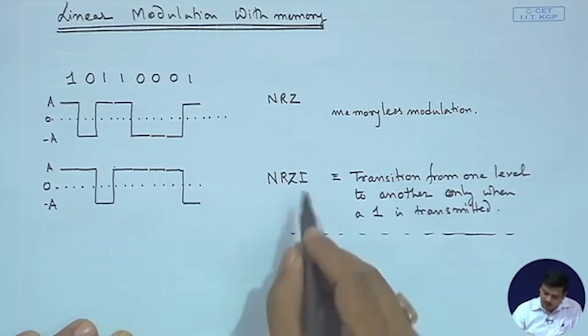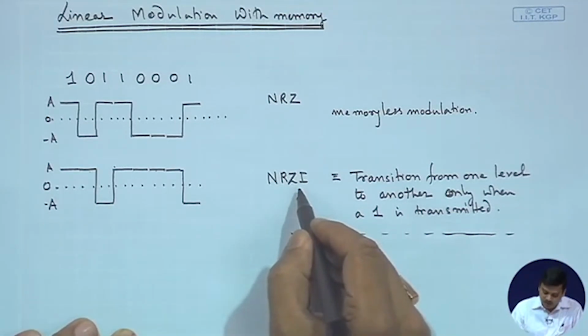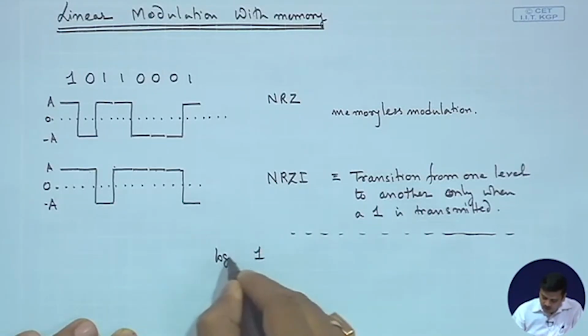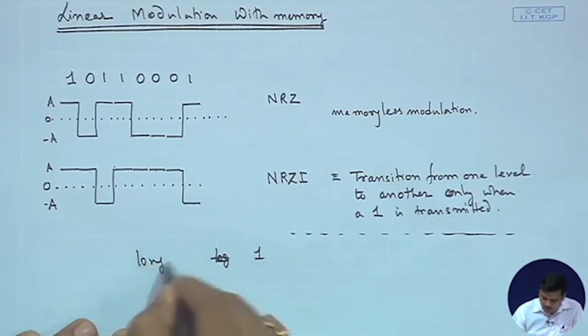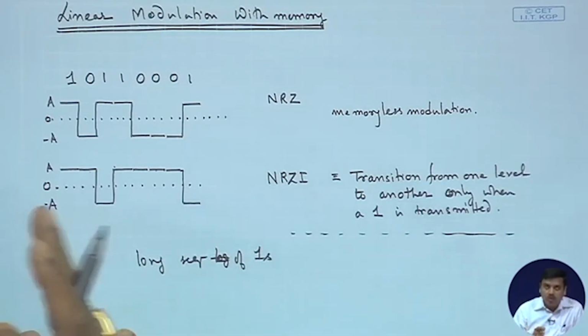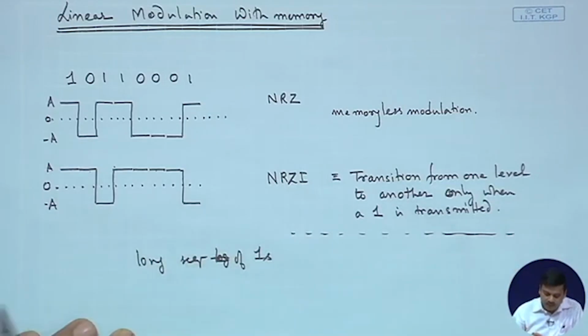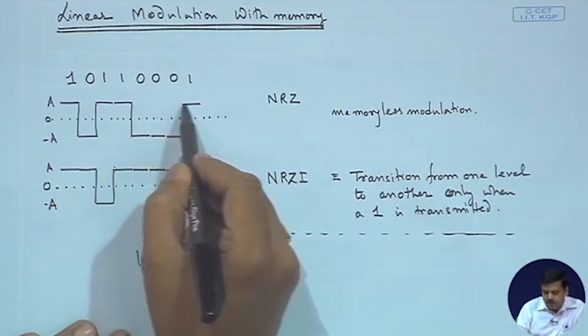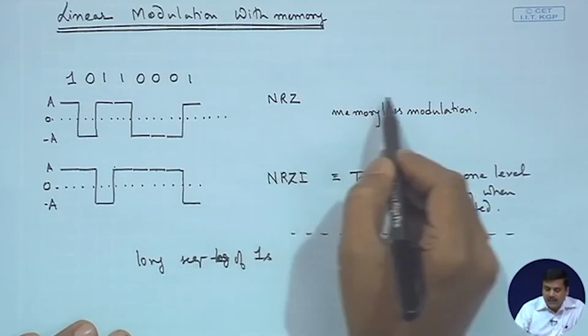The need to go for this particular scheme is that if there is a long sequence of 1s, that means you have 1 1 1 1 1 1, what would this give? This would give continuous signals of A and so on.